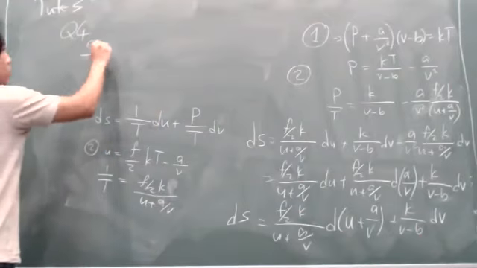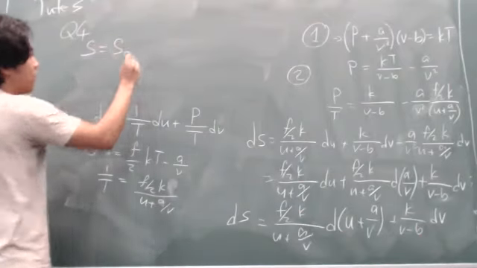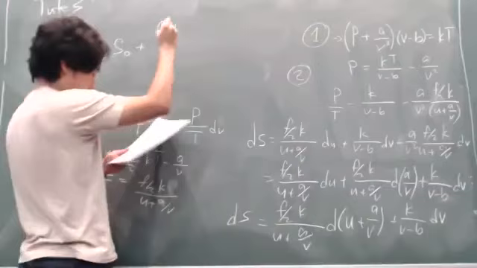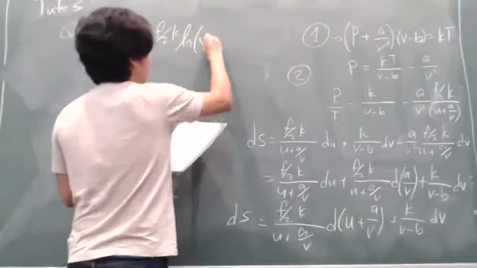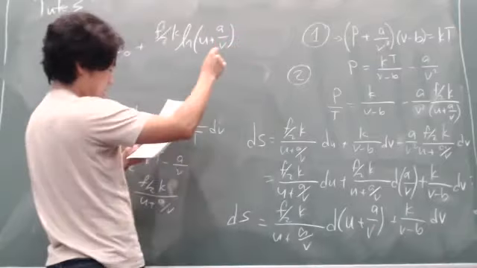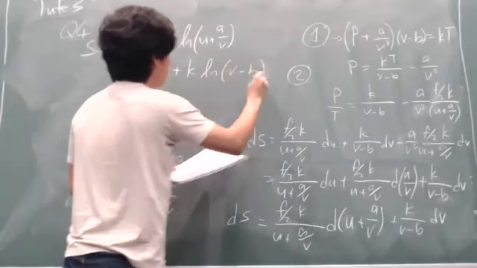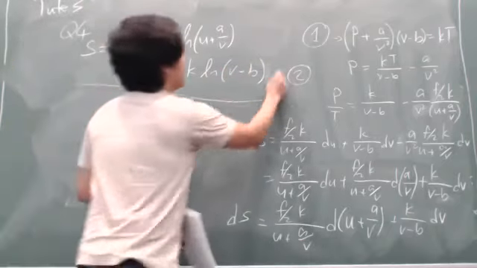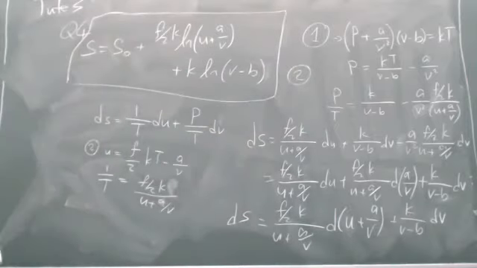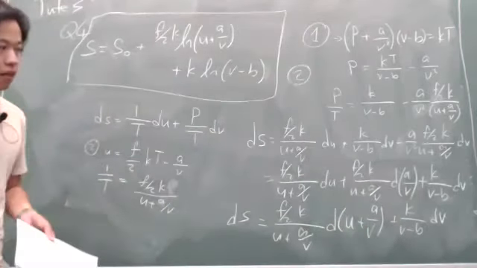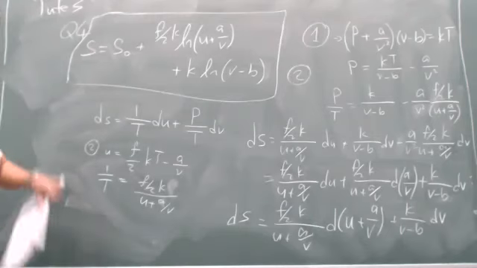Integrating, you just get S is equal to some initial value S naught plus F on 2K log of U plus A on V, and then plus K times log of V minus B. So that's the answer. Nothing too weird here, except recognizing that you can sub in this A on V differential rather than just integrating over V.